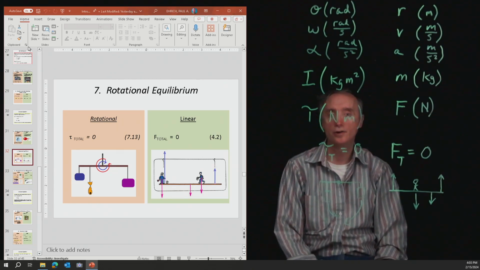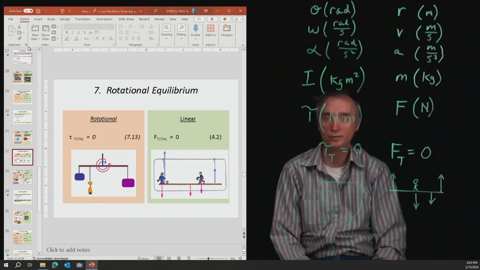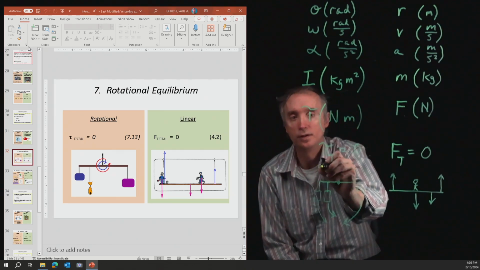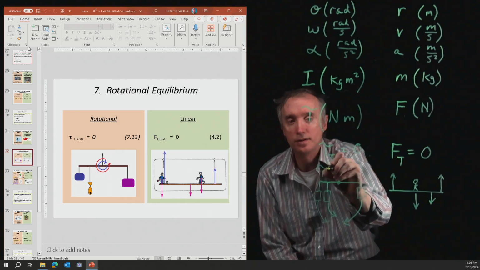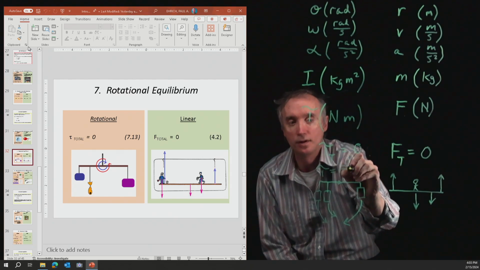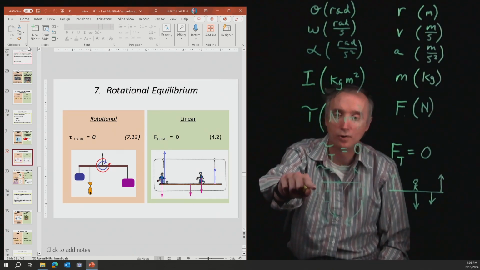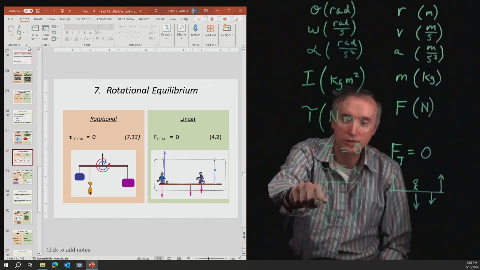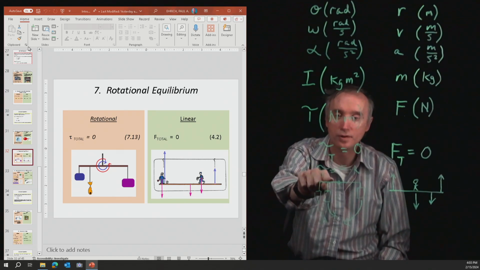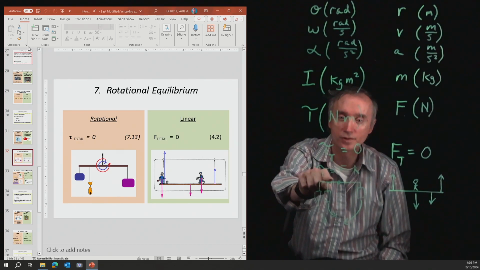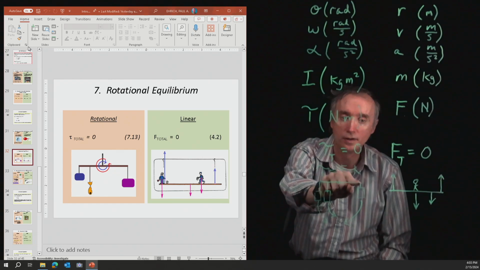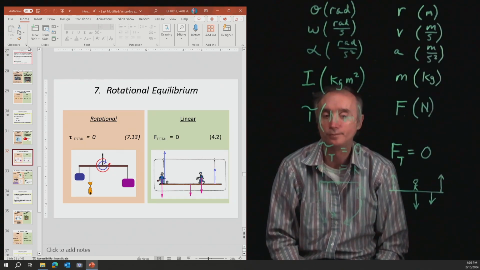We could calculate the magnitude of each of the torques, because we know that torque is equal to force multiplied by the radius. We would know the weight of each of these objects, and we know the distance from the pivot point, which is the radius. And so we're going to sum them.